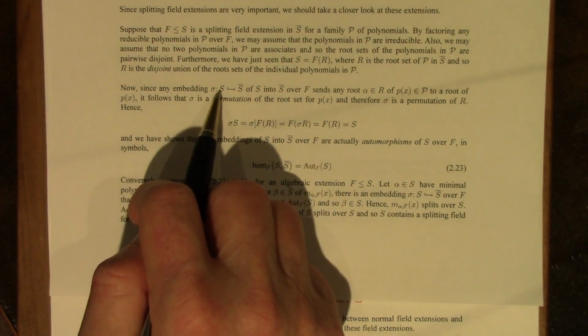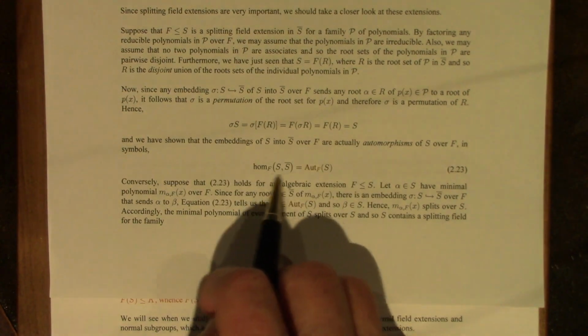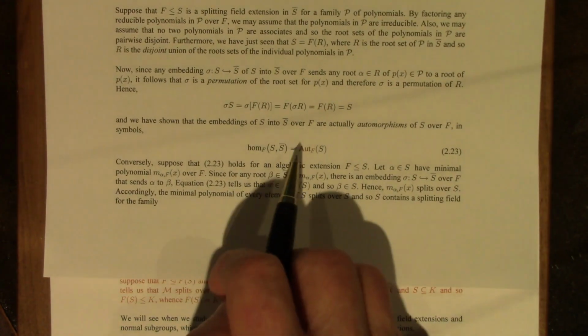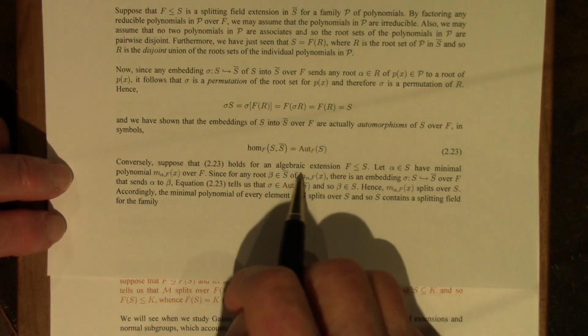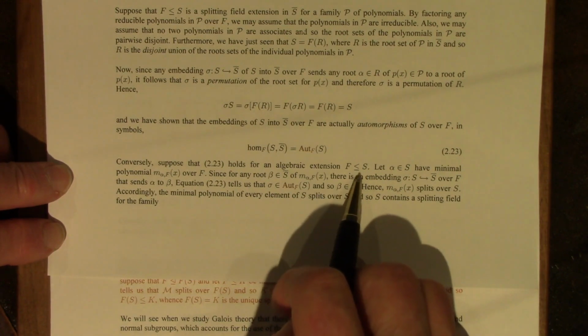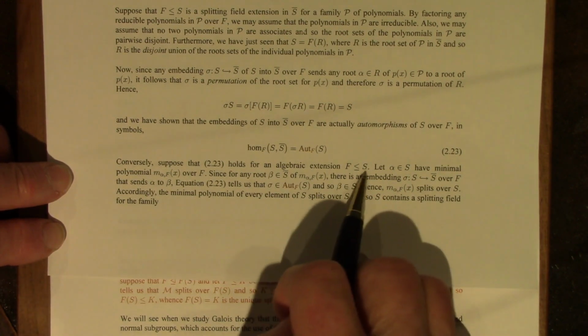So the splitting field extensions have this property. Conversely, suppose this property holds for an algebraic extension, F S. So I'm not assuming this is a splitting field anymore, just an algebraic extension.